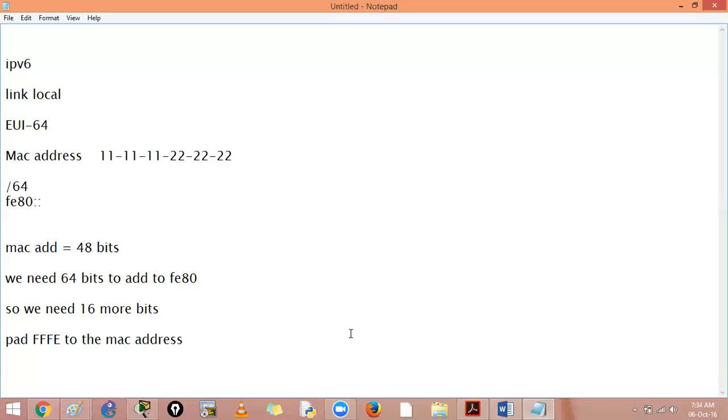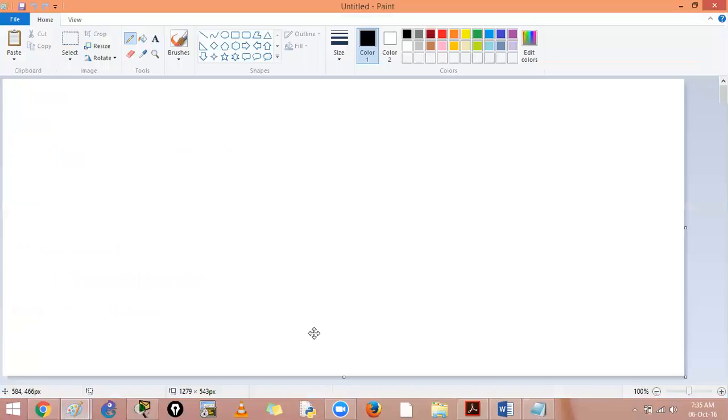Now where will you pad? That is another question. Half of the address is assigned by IEEE and the other half is vendor assigned, so in between, you will do that. How will this look like?